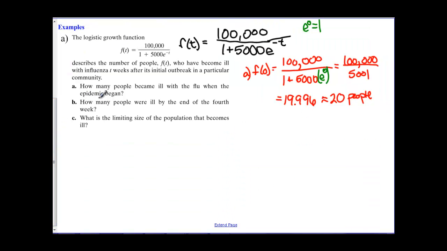All right, and then for B, how many people were ill by the end of the 4th week? And again, it told us that T was in weeks. So just plug in a 4. And then the limiting size, basically you cap out at some point.